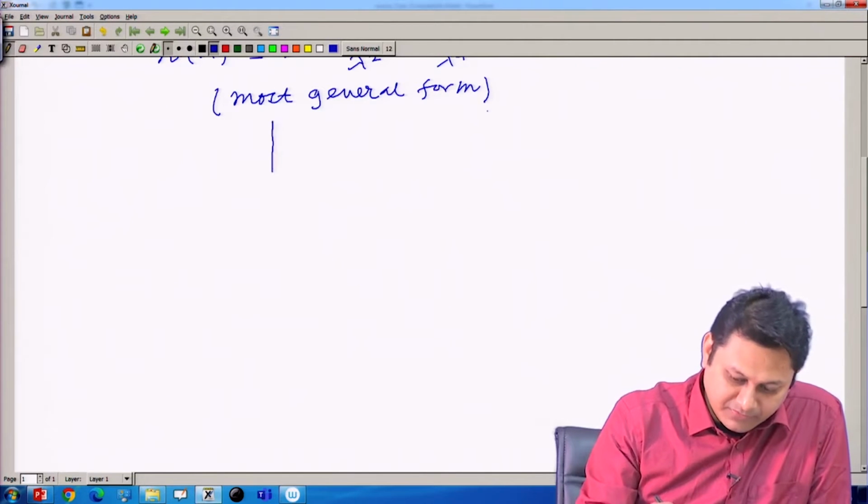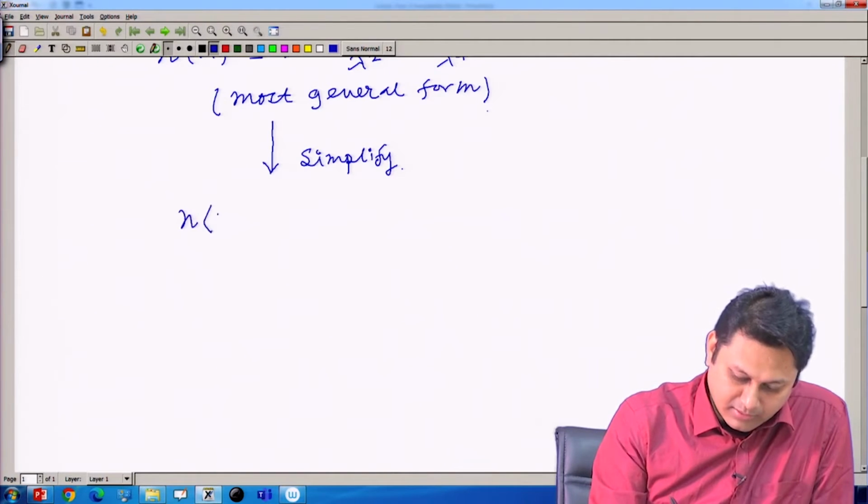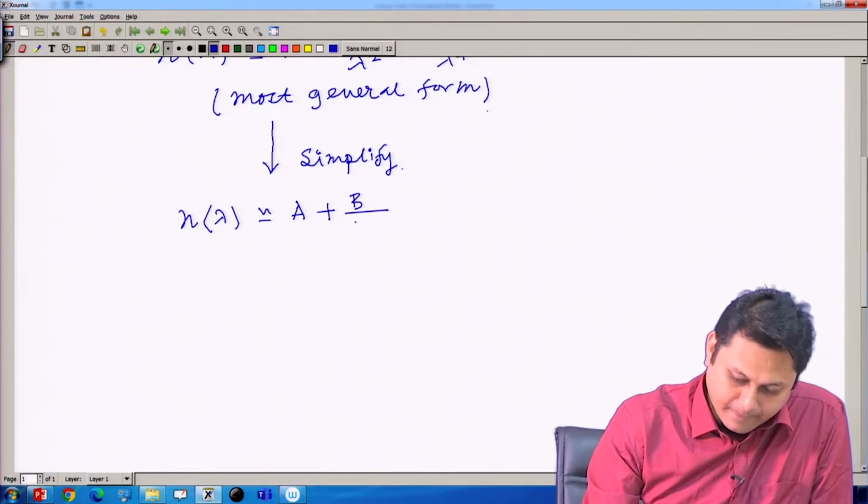Now, I can simplify that to the first order, and then I can have the relationship like this.